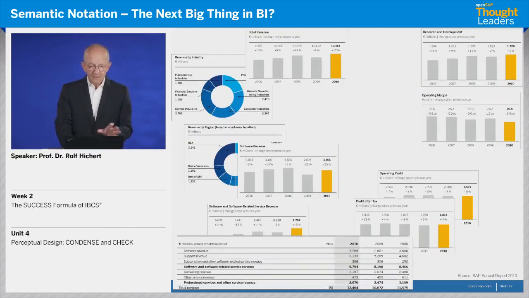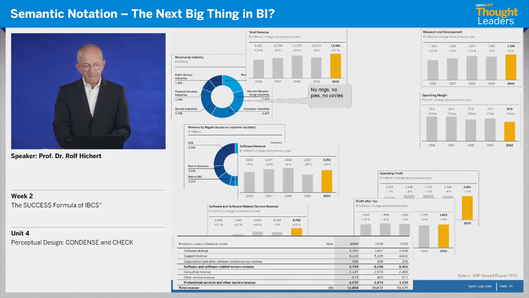Altogether, we have something like 10 or 11 different pieces of visualizations representing sales and profit. But it's very complex, it's not easy to really get an overview of what SAP is doing in this business.